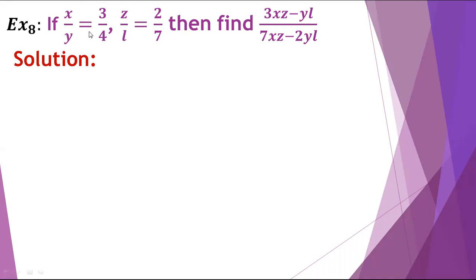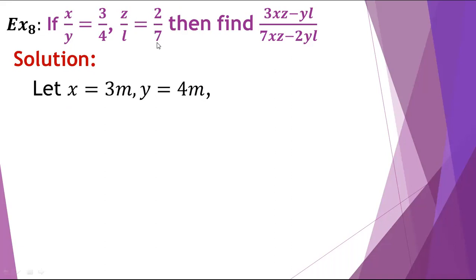This is a ratio. But we can break this ratio if we multiply each term of the ratio by a variable and say this variable is m. That means the first term, x, is going to be 3m. And the second term, y, is going to be 4m. Also, since the ratio between z and L is 2 over 7, it doesn't mean that z equals 2 or L equals 7 because this is a ratio.